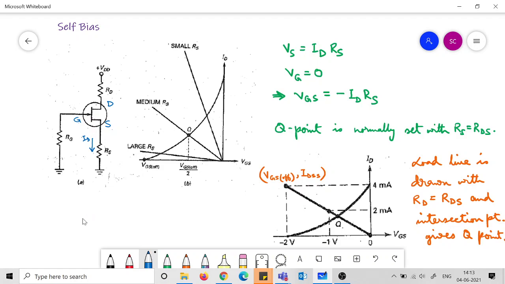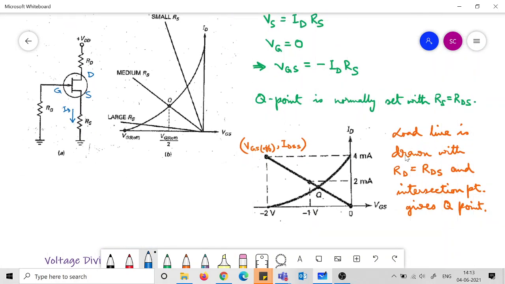So how do we now analyze what is the Q point? I have put RS equal to RDS, but what about my VDS and ID? These are the values which give me the Q point. So how do you check that? This RDS is going to determine your load line.